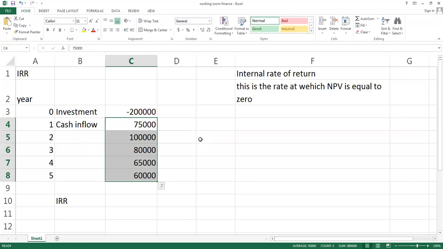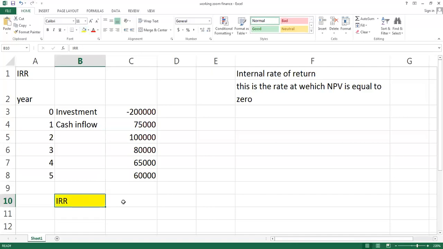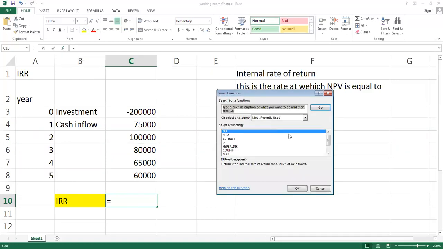Once this data is available, then you can easily calculate IRR. But keep in mind that if investment and cash inflows data are not available, then you will not be able to calculate IRR. So now I am showing you the work over here. Let's say we are interested, so I'm highlighting that I'm showing my work here on how to calculate IRR. Just take this column. First you will go to functions. When you click this functions, generally it shows most recently used, and since you didn't use it, rather than going to this one, you will go to financial.